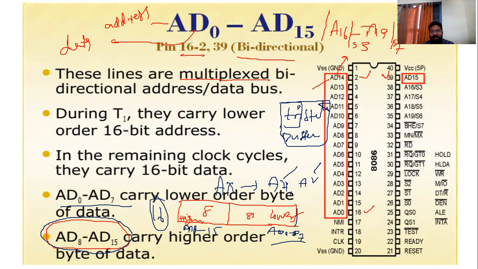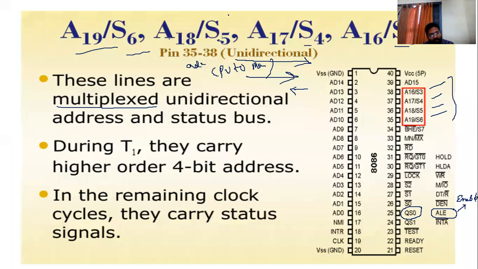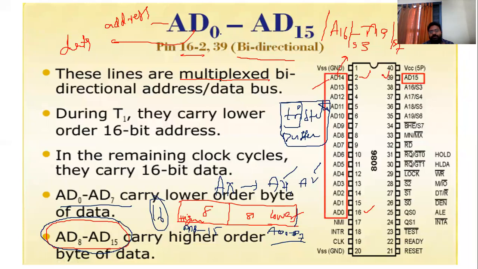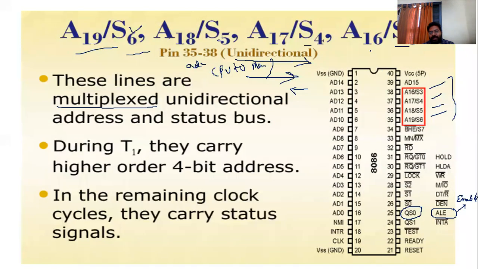If you want to convert them into data lines or status lines, you just enable the address latch enable, ALE, in minimum mode and QS0 in maximum mode. Once ALE is on, the address lines are converted into data lines 0 to 15. The remaining lines A19 to A16 are converted into the status lines S6, S5, S4, and S3.